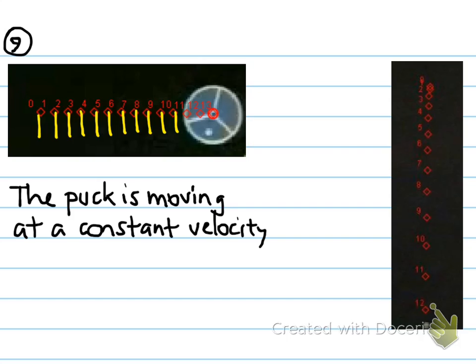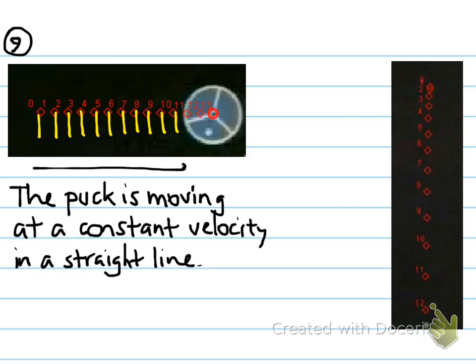And if you wanted to, you could probably also say that it was moving at a constant velocity in a straight line. Okay, so yeah, pretty easy. If the marks are evenly spaced, that means it's moving at a constant rate, right?